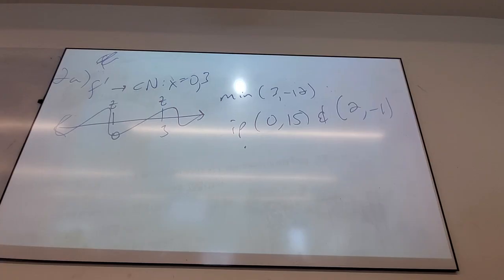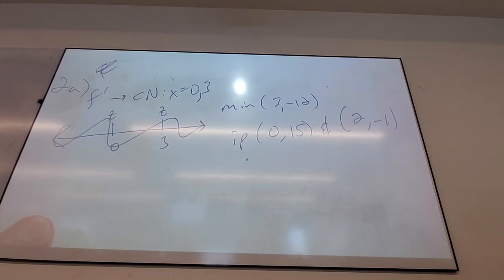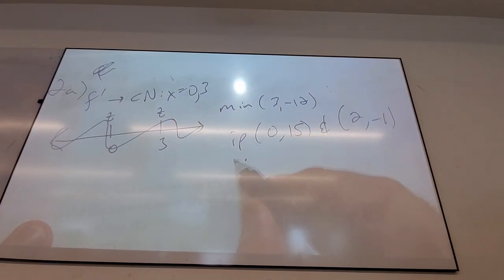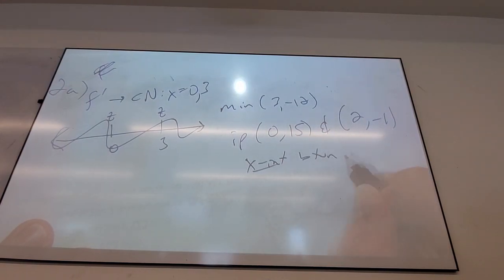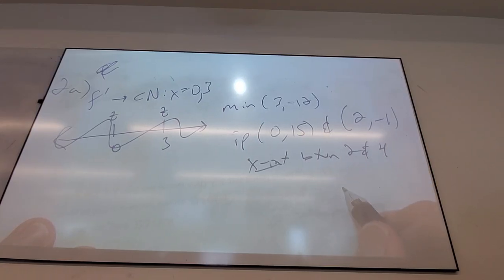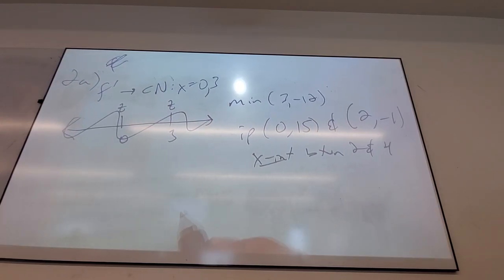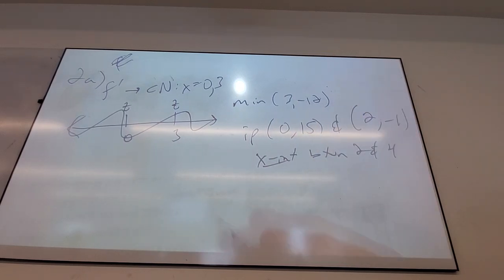There's an x-intercept between 2 and 4. And there's another x-intercept close to 4, if I remember correctly. Okay, we'll see. What else do we know? Anything else? No. So if I want to graph this thing, oh yeah, we need that too.